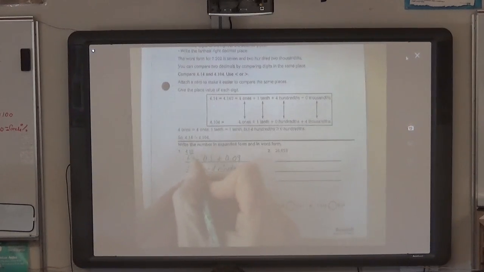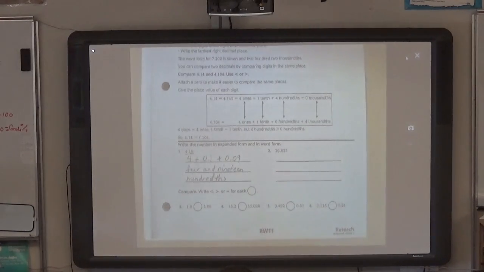And say the place of the last digit. What place is the 9 in? Jacob? Hundredths. The hundredths place. So you write the word hundredths. Four and 19 hundredths. Krista? I didn't get one. Oh, okay.